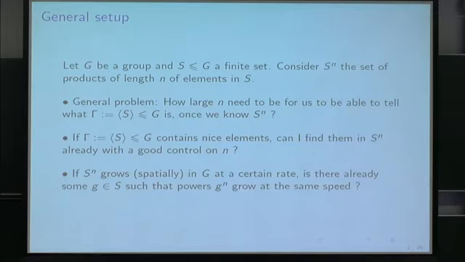And have a control of how small or how large this radius is. Another similar question is, you look at the growth of S to the n. So you suppose that your group acts on a nice space, look at an orbit, and look at the rate of growth of this orbit, or just the rate of growth of S to the n.